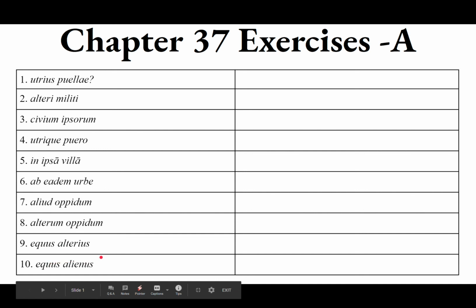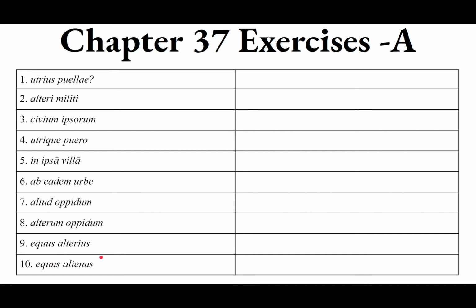As opposed to number 10, equus alienus. Alienus, because if you take alius, alia, aliud and try and add ius to it, weird things happen. Try it out. It's kind of odd. So what would the genitive of alius, alia, aliud be? It should be ius because it's a genitive. It should have an I because it's a dative.